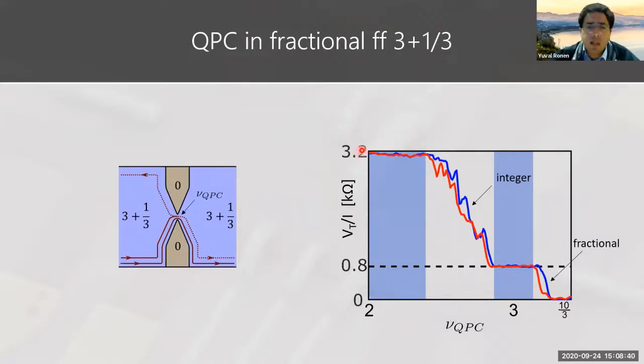I didn't show it, but there are actually another 2 steps above, and then there is the inner integer edge and then a fractional edge. So these 4 edges, these 3 integer edges and 1 fractional edge, are completely separated from one another.